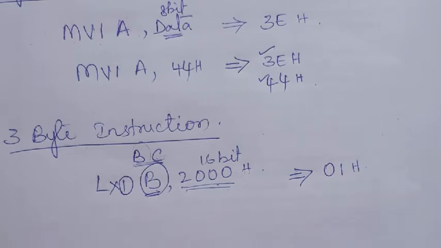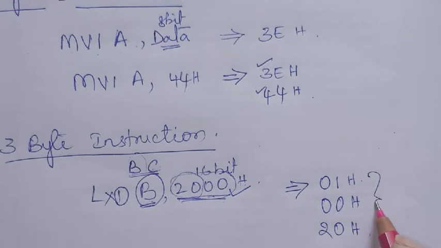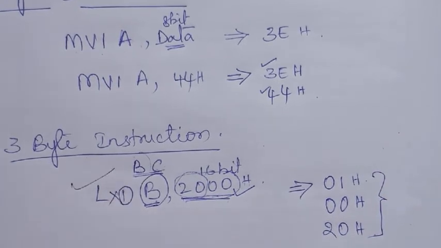Then the next 2 bytes are this 16-bit data. Always in these 2 bytes, the low byte is written first. So the next byte will be 00H and the next byte will be 20H. So this is the 3 bytes for this particular instruction.